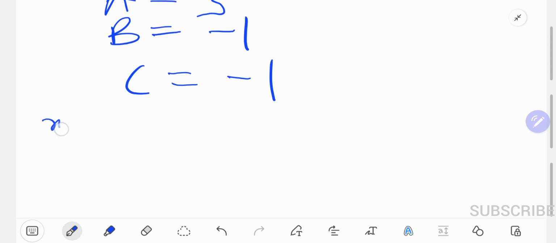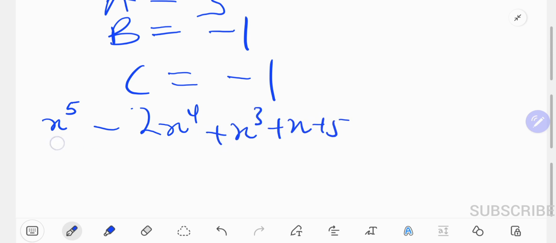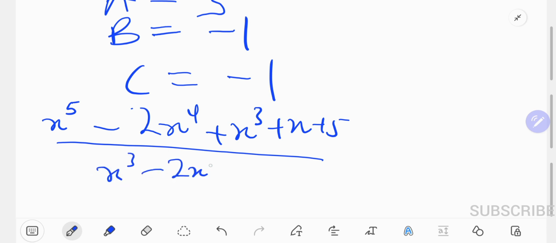Okay, so we are going to get x to the power 5 minus 2x to the power 4 plus x cubed plus x plus 5 all over x cubed minus 2x squared plus x minus 2 being equal to x squared plus, so we are now looking at the partial fractions we wrote, right?